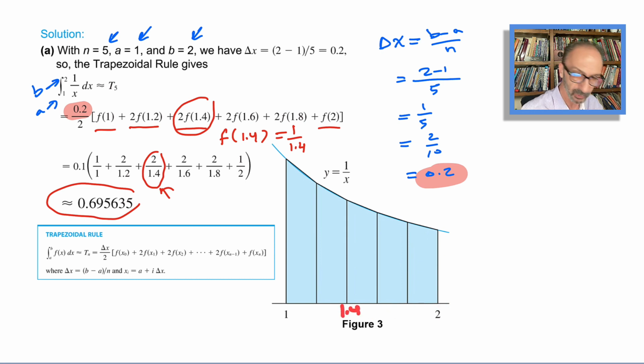So that's 1.4. Doing the math, I just want to save you some time from writing all these numbers. I have it displayed as you could see. And f of 1 will be 1 over 1. F of 1.2 is 1 over 1.2. F of 1.4 will be 1 over 1.4, and the 2 shows up from the formula, and so on.